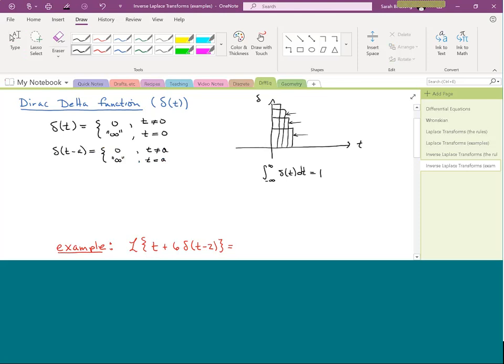It turns out the Laplace transform of the delta function is given in terms of this translation. So for delta of t minus a, the transform turns out to be e raised to the negative a s. I believe your book walks through how that formula got made.